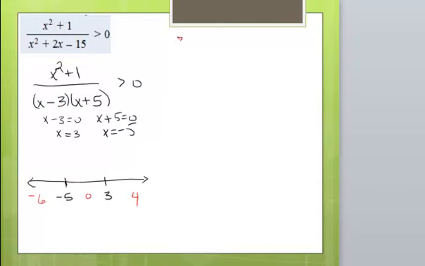So far we have 37 over negative 9 times negative 6 plus 5 will be negative 1. So we get 37 over a positive 9 is greater than 0. Well, this is a positive number, right? That's what we're looking for, actually. We just want to know what sign we get.